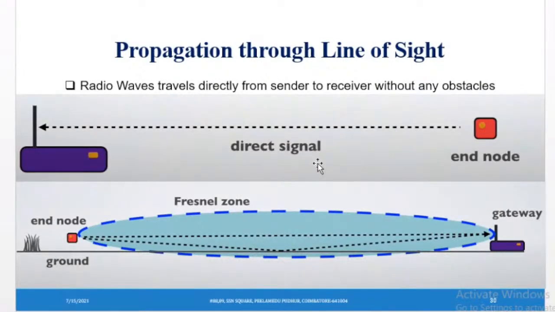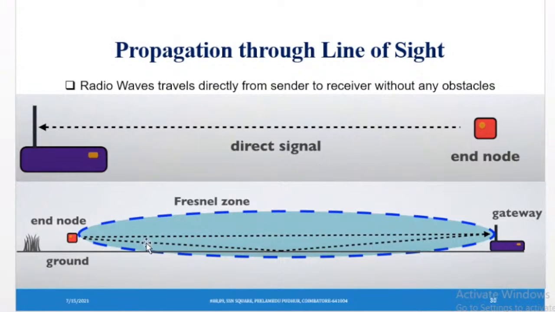In that pattern, if the signal meets any obstacle, it is reflected back or propagates through, for example through a wall. So that's why the Fresnel zone is very, very important for how I'm going to place the gateway.